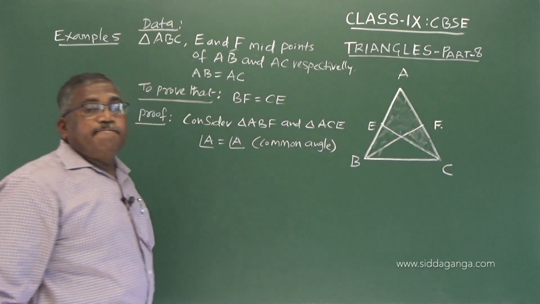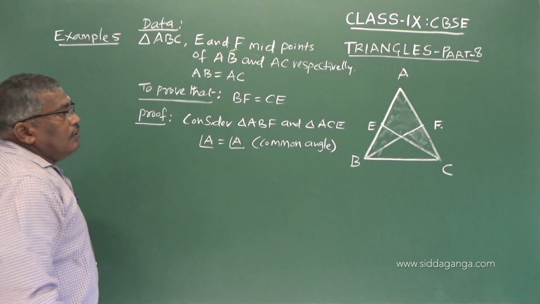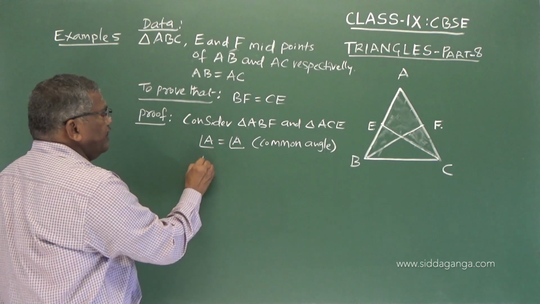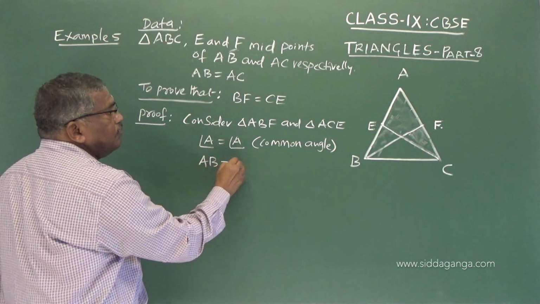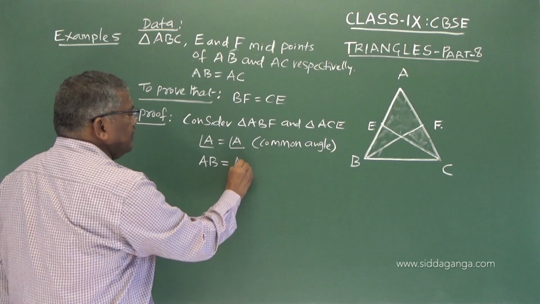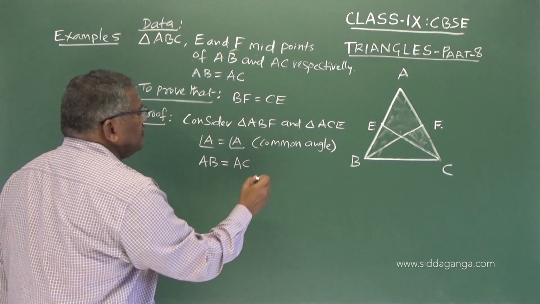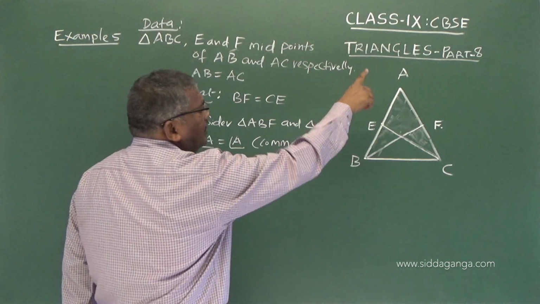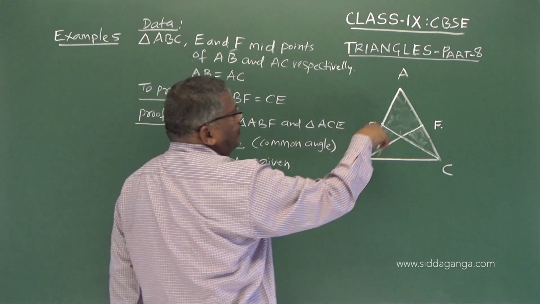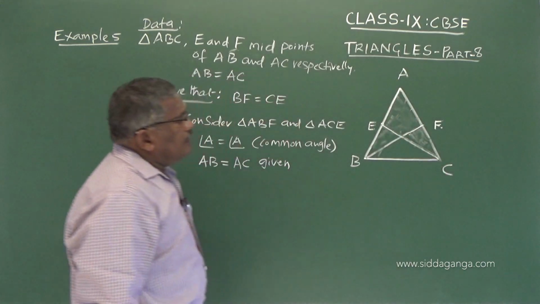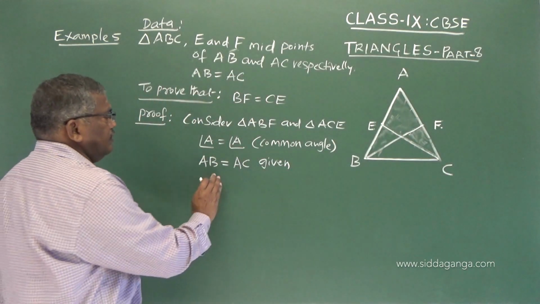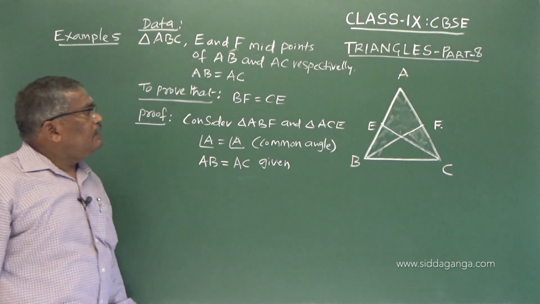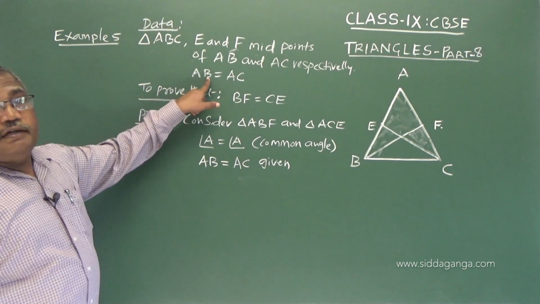Now, AB is equal to AC, it is given in the data.